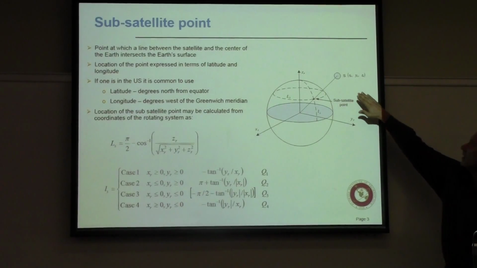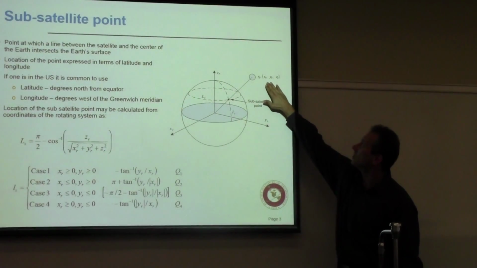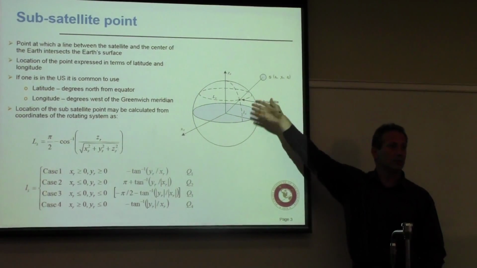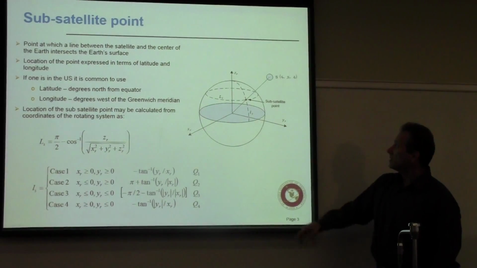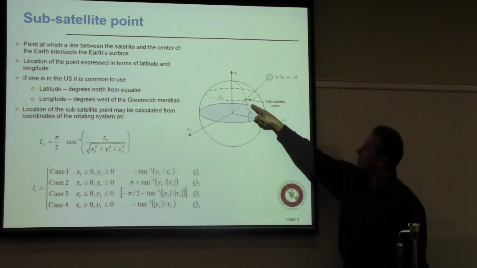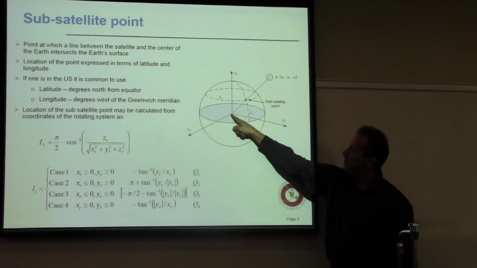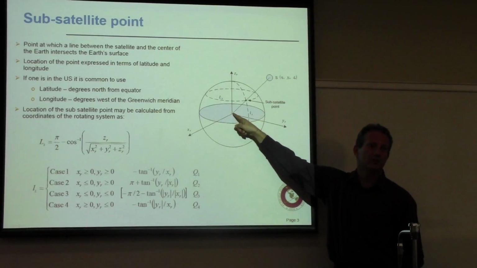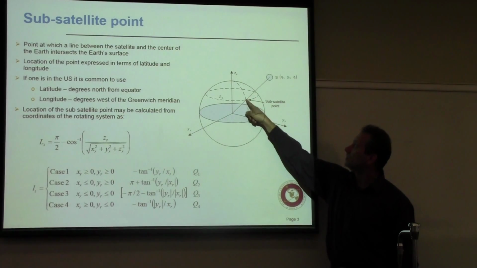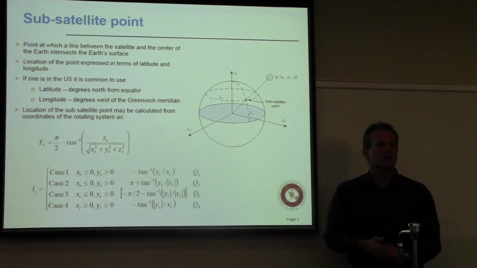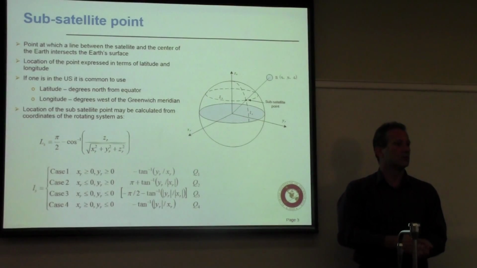You have a satellite that is here in the system XR, YR, ZR, rotating around the Earth. To obtain the SubSatellite Point, you take the position of the satellite, connect with the center of the Earth. At some point, this line is going to go through the surface of the Earth, and that's going to be your SubSatellite Point.